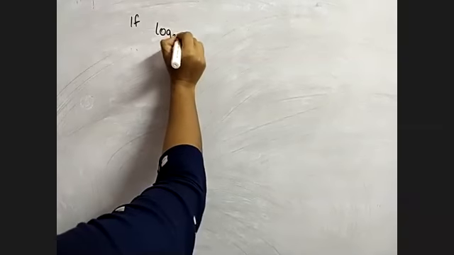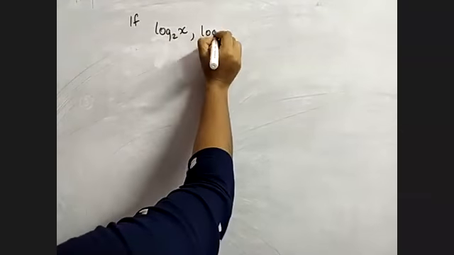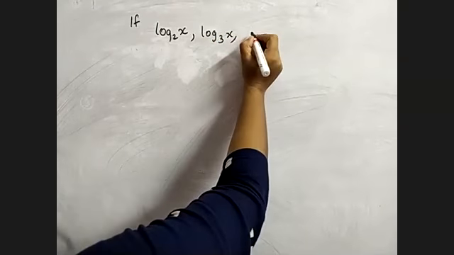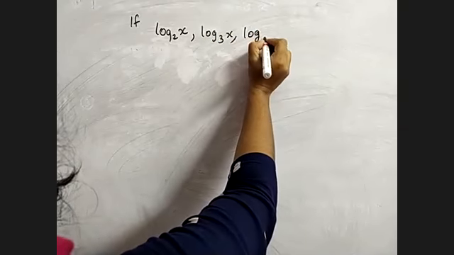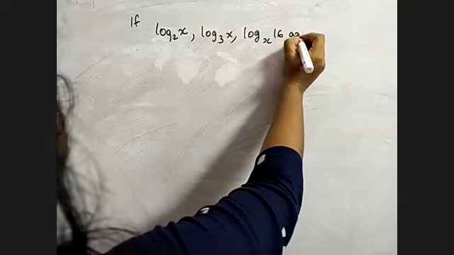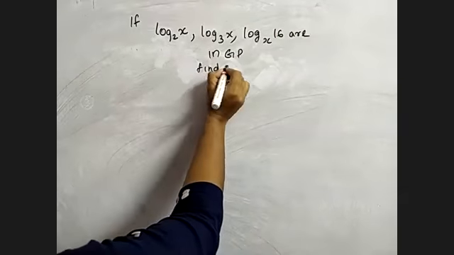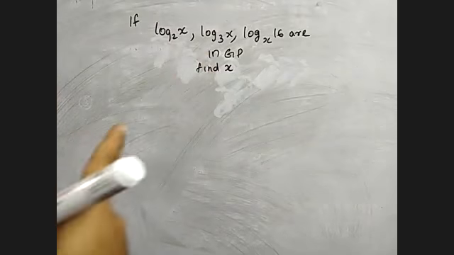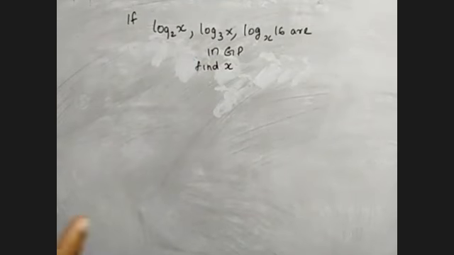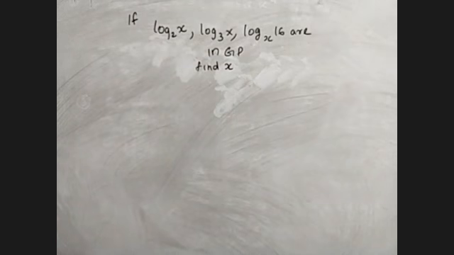Log to the base 2x, log to the base 3x, log to the base x 16 are in GP. Find x.